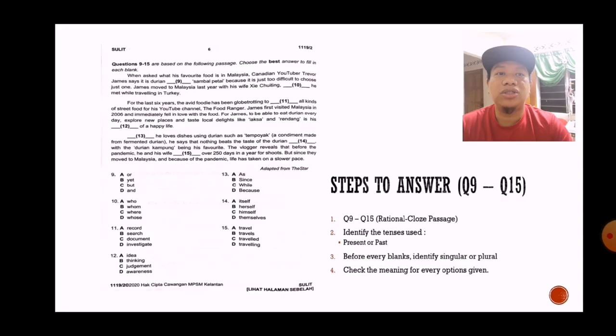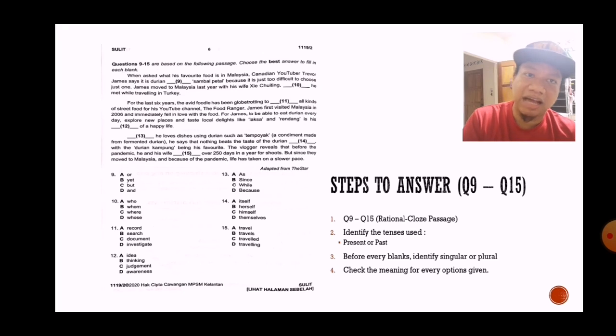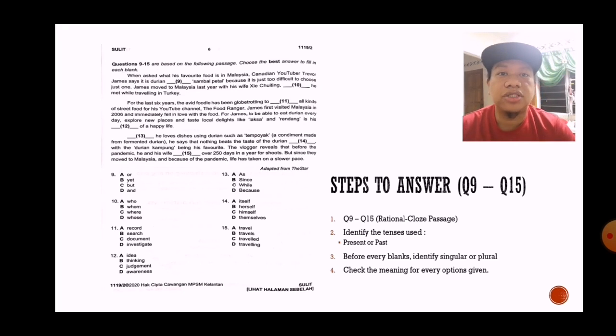Next, we move on to number 11. For the last 6 years, the avid foodie has been globetrotting to, okay, 11, all kinds of street food for his YouTube channel. Wow.